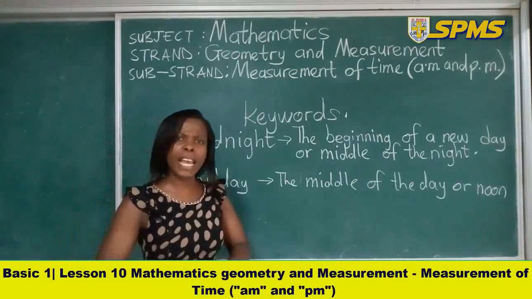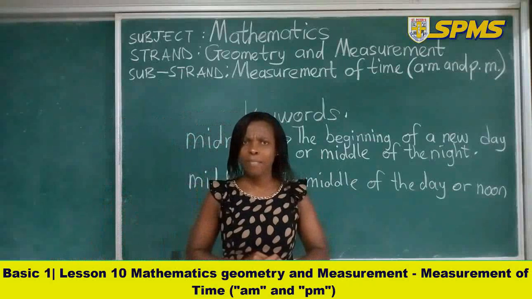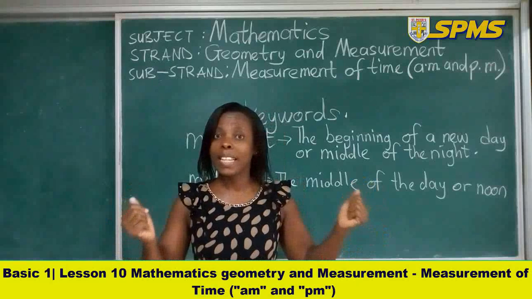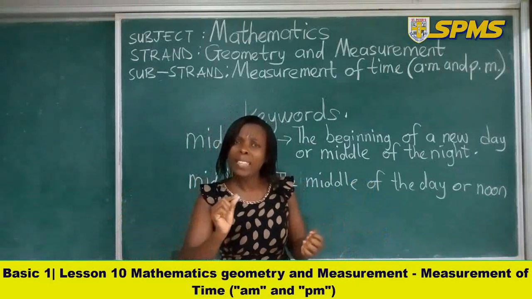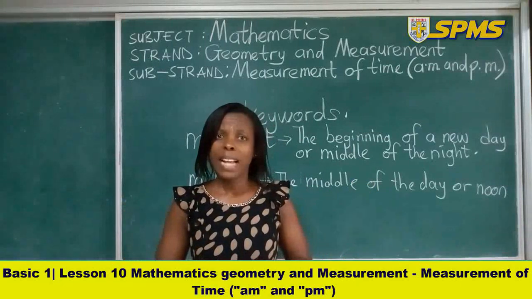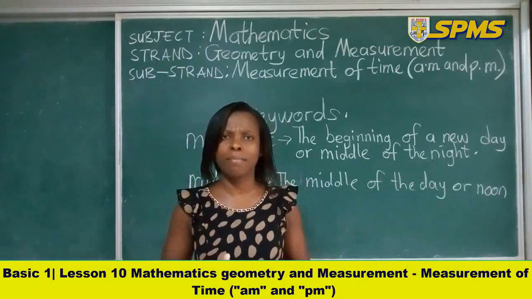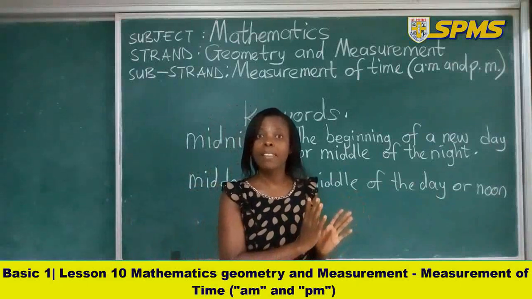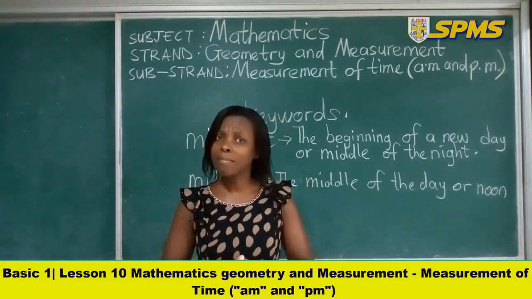I'm sure you've been saying we have 24 hours in a day. So we always say 24 hours makes a day. But how do we add the hours to get the 24 hours? The day is divided into 2 equal parts. 12 hours for one part of the day, another 12 hours for the other part of the day.